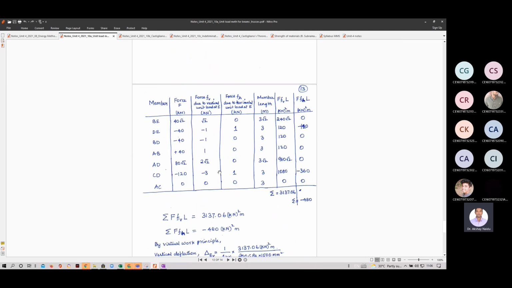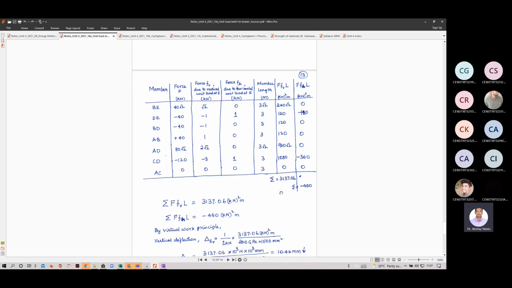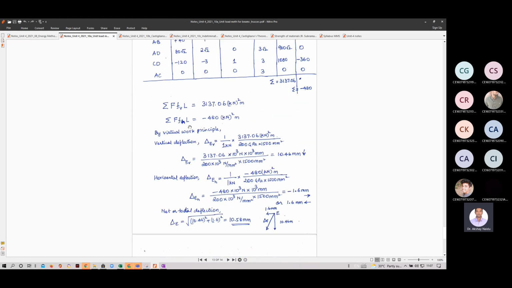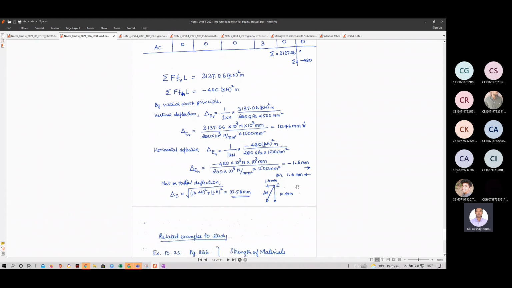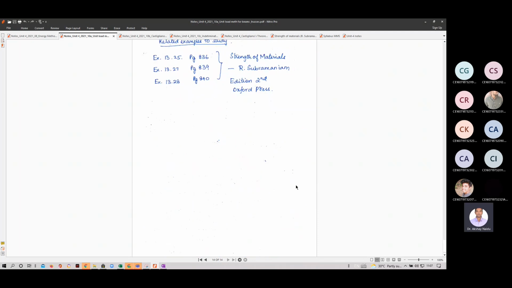Then I make a table: force in the members due to real loads, force due to vertical unit load applied, force due to horizontal unit load applied, member, and then the two cases: capital F, small f vertical, L, capital F, small f horizontal into L, and we do the calculation. And we get the vertical deflection, the horizontal deflection, and the net deflection. Okay, and you go through this.